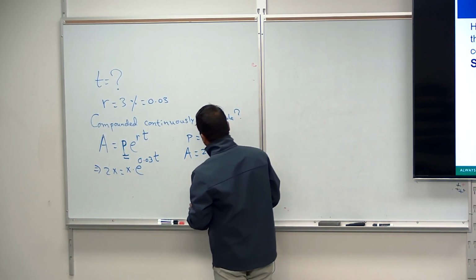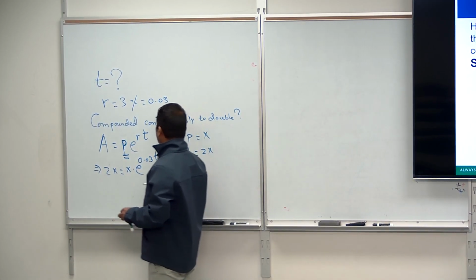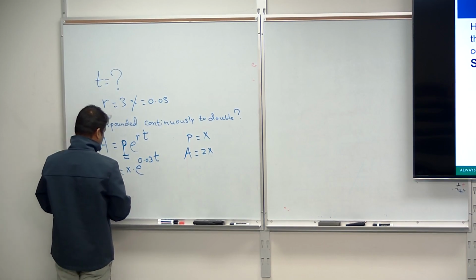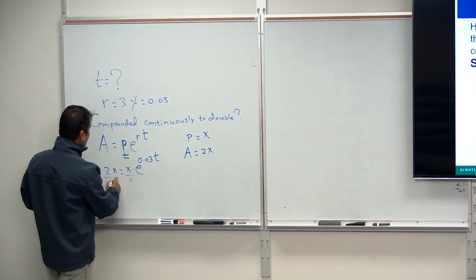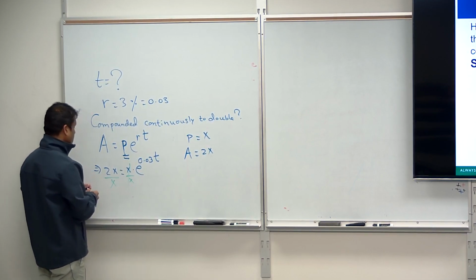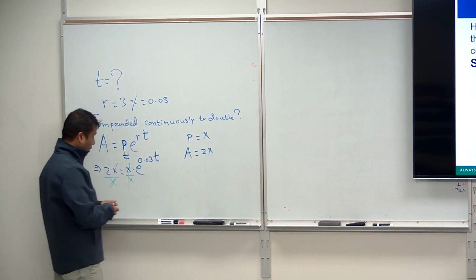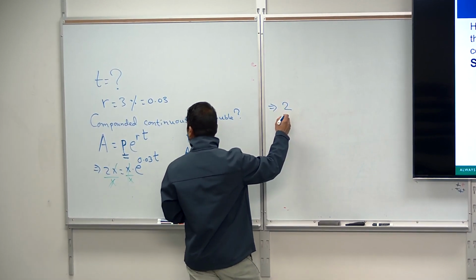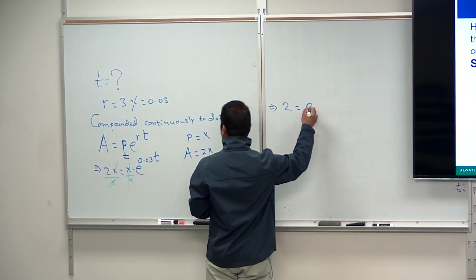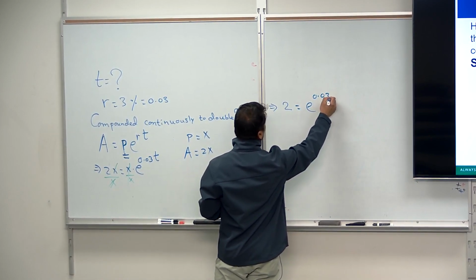If you want to find the value of T, you divide both sides by X and you cross them out. So this X cancels. So this is going to be 2 equals e to the power 0.03T.